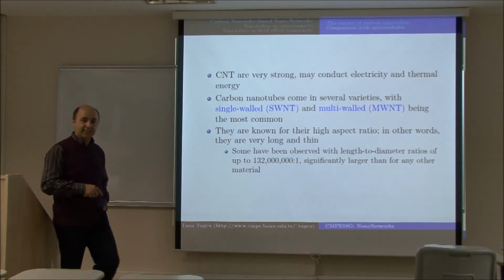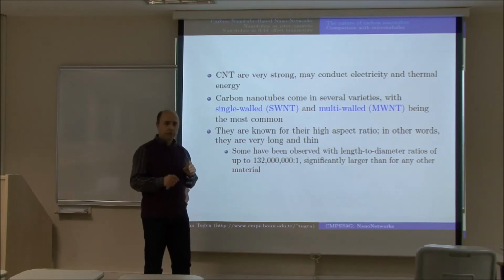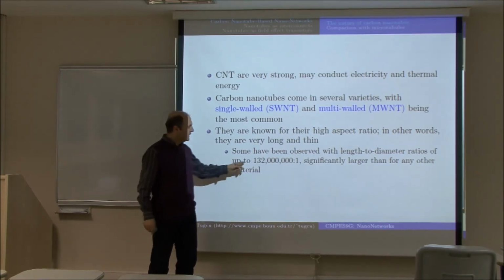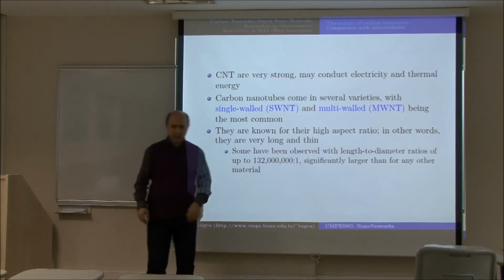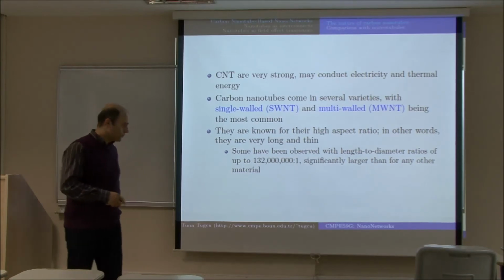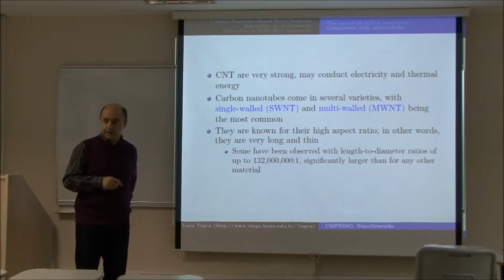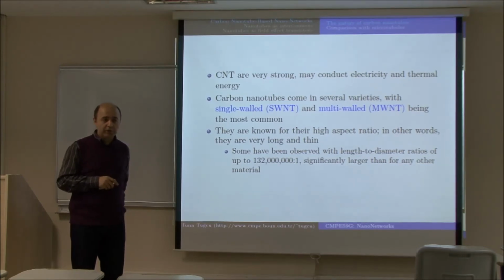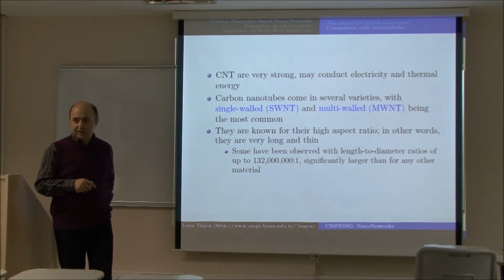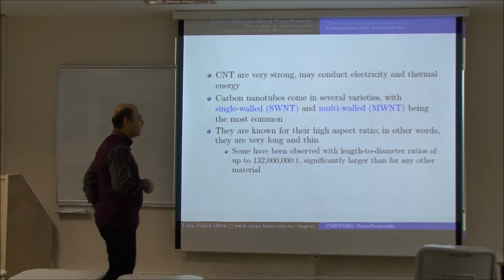That means, consider the thickness of the carbon nanotube to be 1 nanometer. Typically we have it around 1 nanometer. The length may go as high as 132,000, 132 million. If you look at your book, you will see a much smaller number. That's the advance in technology. This is the more up-to-date value for that.